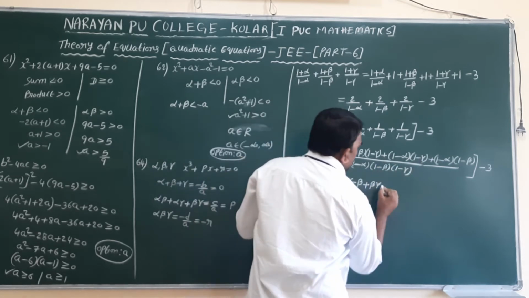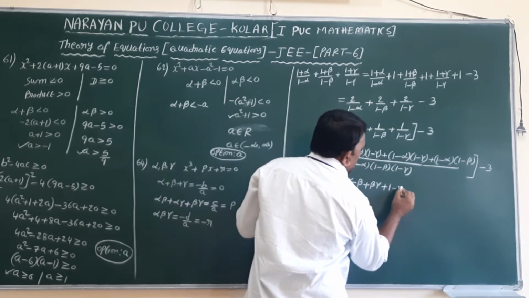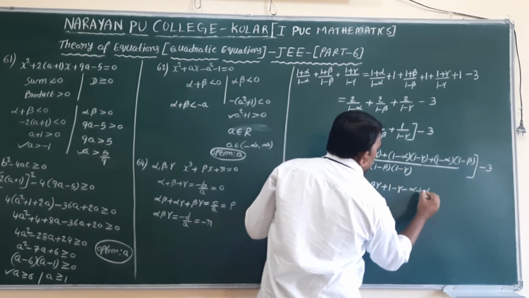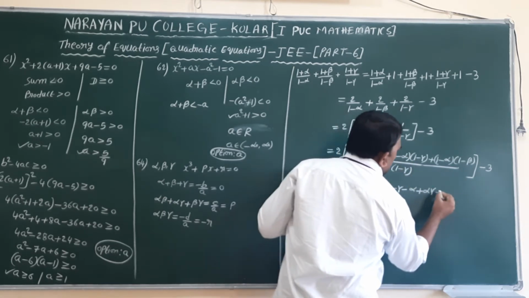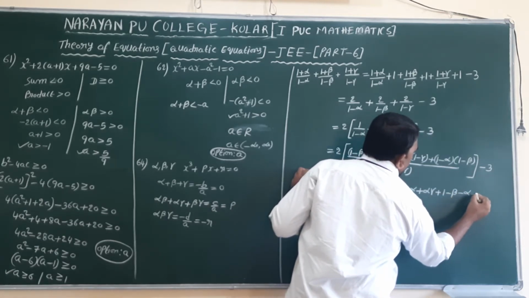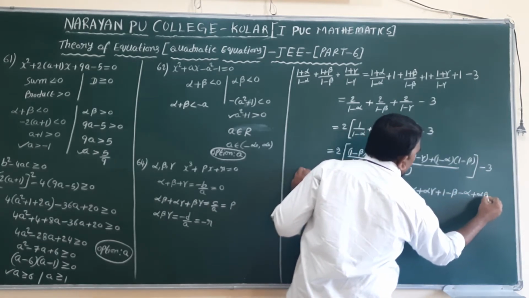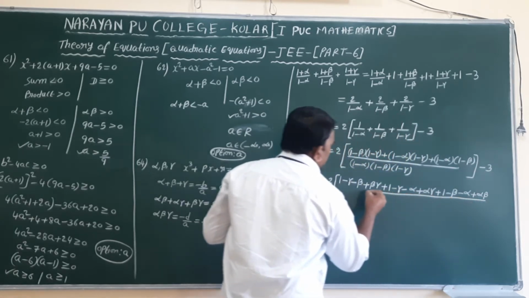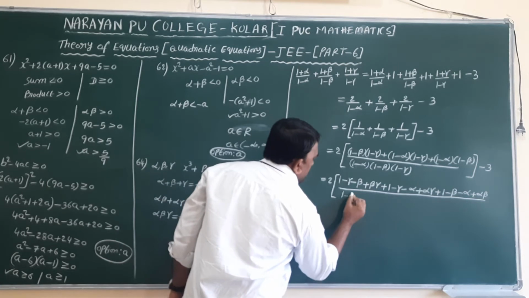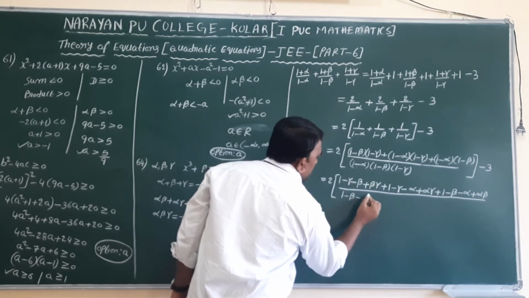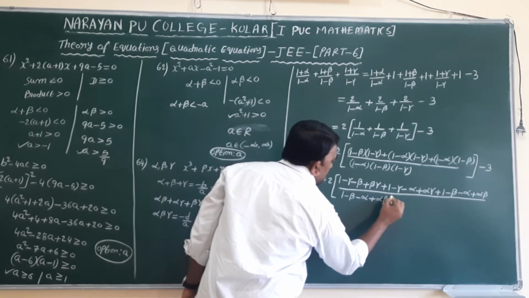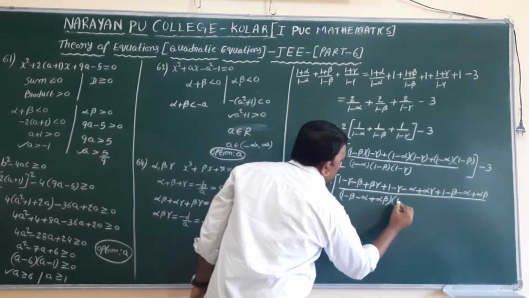Next these two, plus 1 minus gamma minus alpha plus alpha gamma, plus 1 minus beta minus alpha plus alpha beta, whole divided by, these two multiply, (1 minus beta minus alpha plus alpha beta), first two product, into (1 minus gamma).